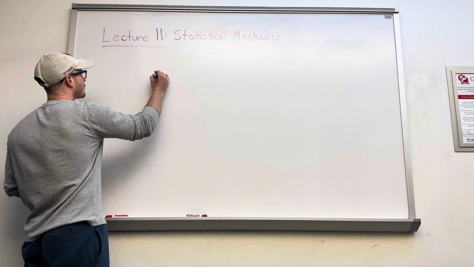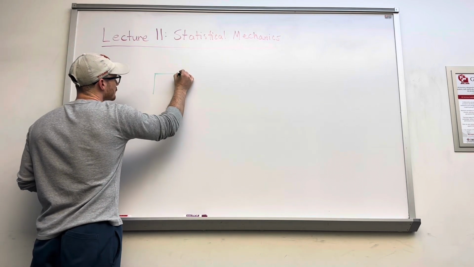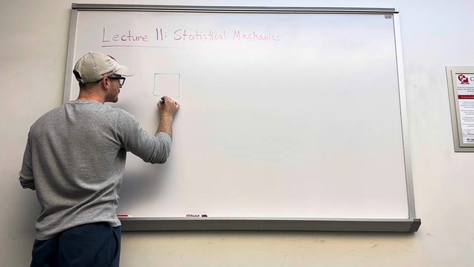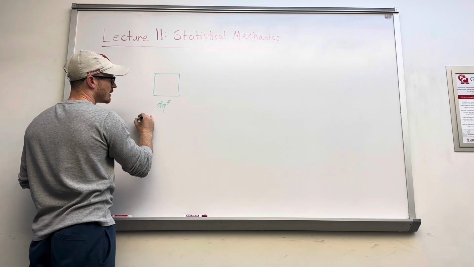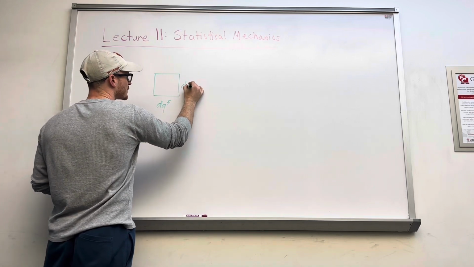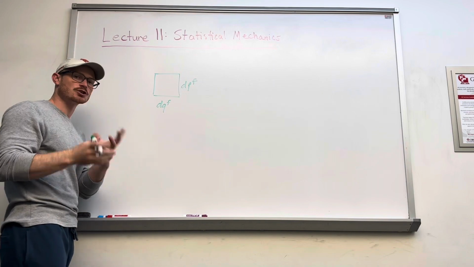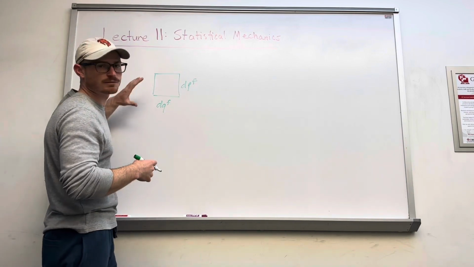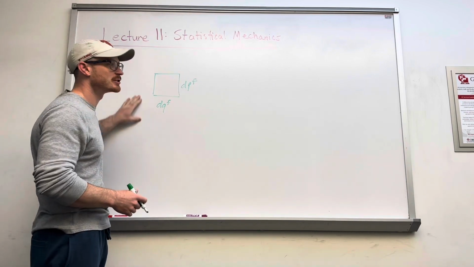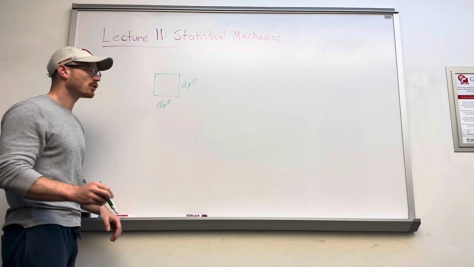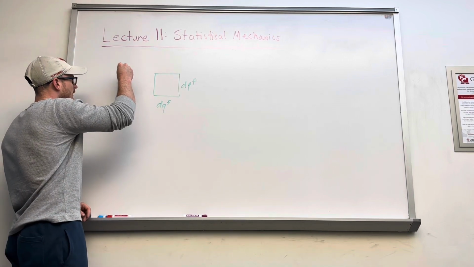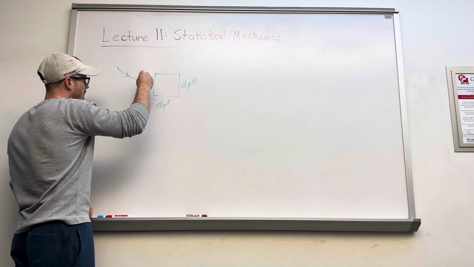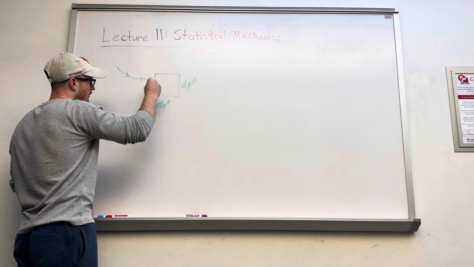Well, suppose within our phase space, we drew some volume element, and I'm just going to represent that like this, dqf dpf. Of course, this is a 2f dimensional hypercube, but for our purposes, I'm going to draw it in 2 dimensions, right? Well, the phase trajectory, your system, might pass through this.